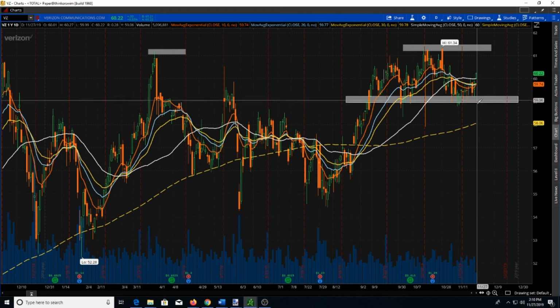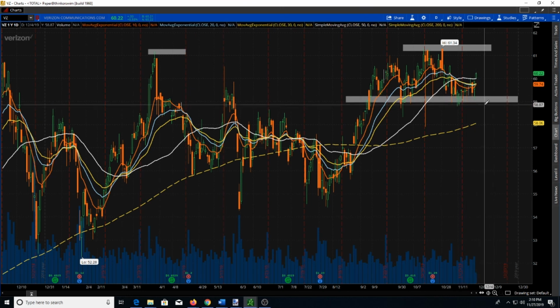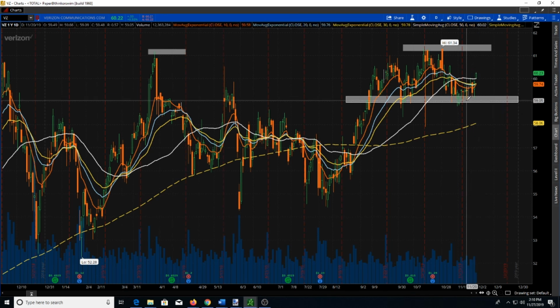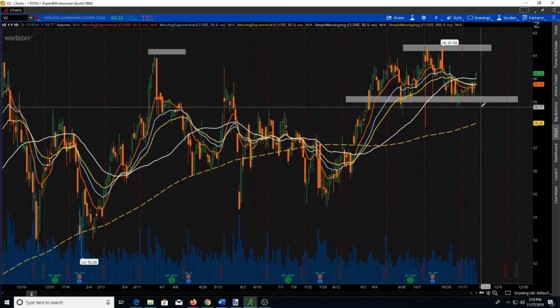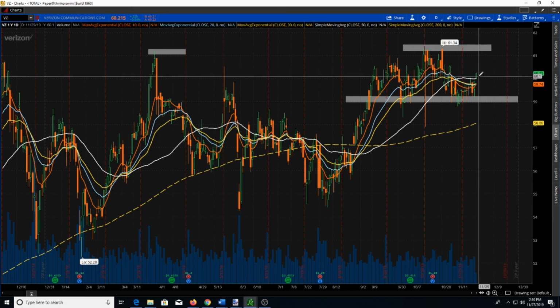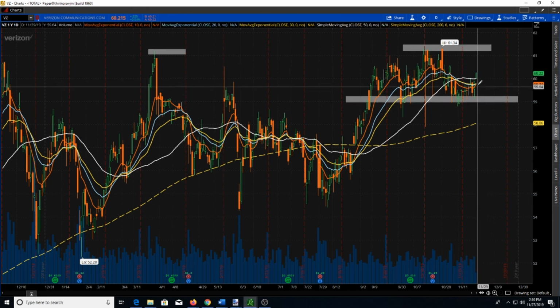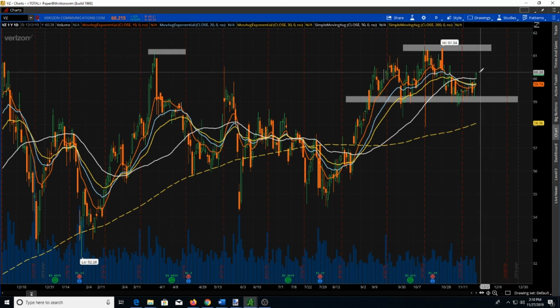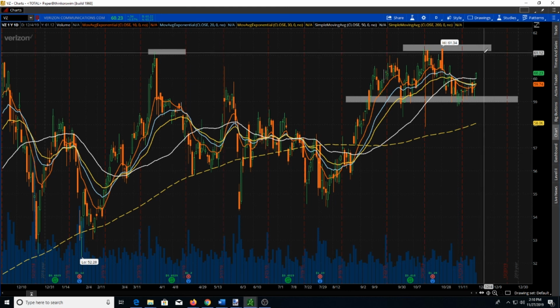Because when you're placing your stop, you want to know that this area is where you want your stop to be. And you could put it right here under these candles, or to be safer, you put it under here. But it really depends on what your target is, because you can't have 3 points of a stop loss if your target's only 1 point up. My target here, if I went long here at 60.20, would be at best 61.20, which is 1 point.